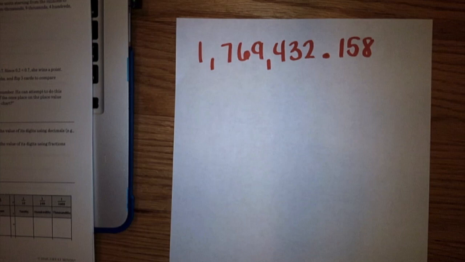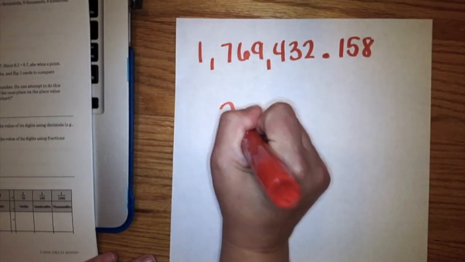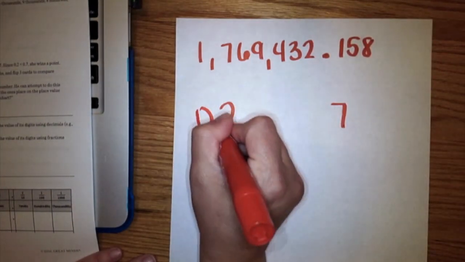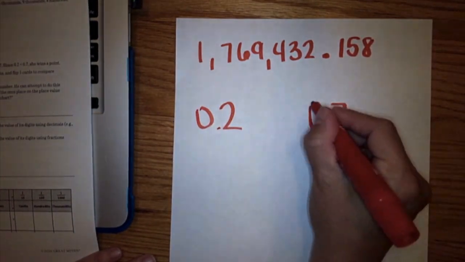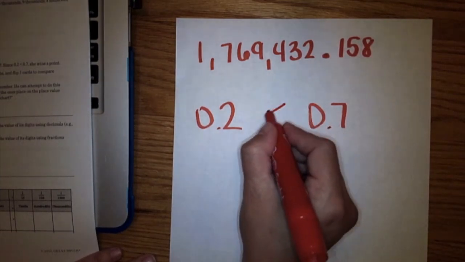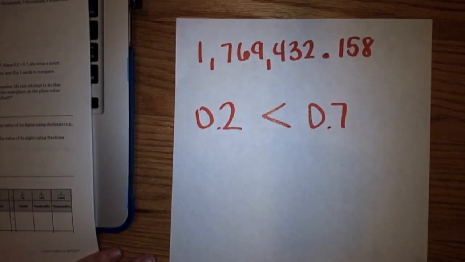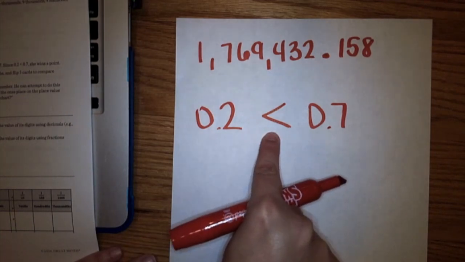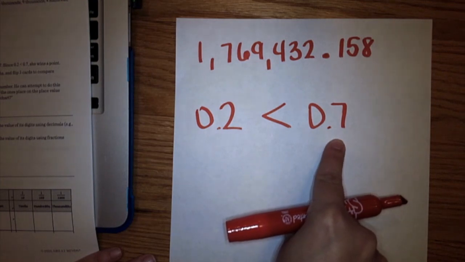And the person with the largest number wins all the cards. So if you flip a 2, and your child flips a 7, we're going to call this 2 tenths. We're going to call this 7 tenths, and the 7 tenths wins. And we're going to use the correct math vocabulary. 2 tenths is less than 7 tenths.